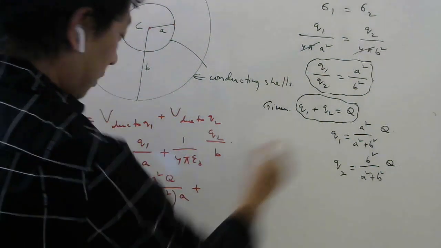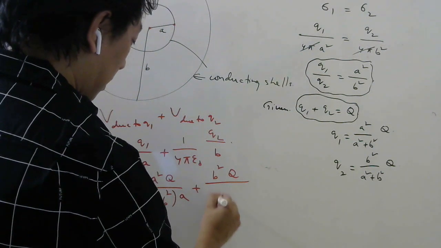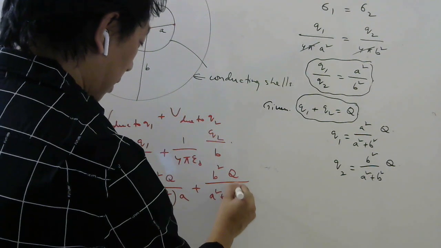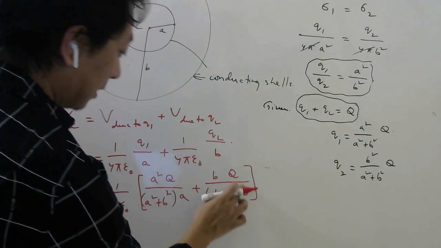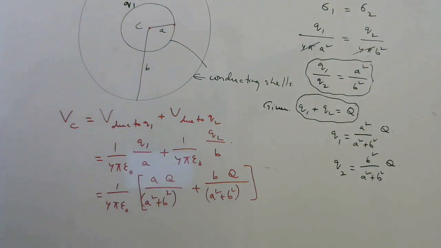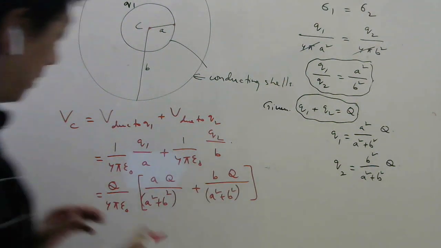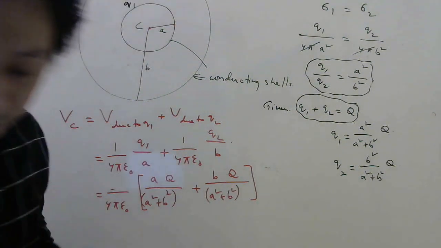Plus q2 is b square Q divided by a square plus b square into b. Then one b can be cancelled, right? Like this. Then you can take Q common if you want, right? So if you take Q common, you will get finally, if I write it properly after taking everything common, let me show this side.